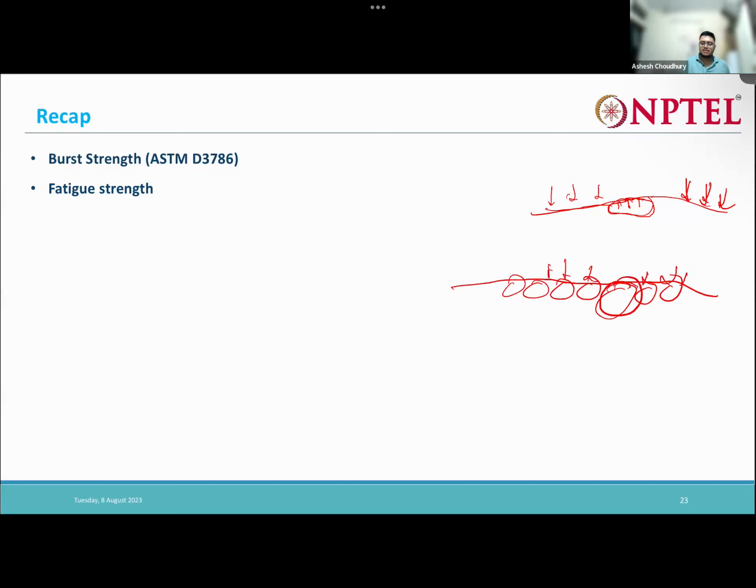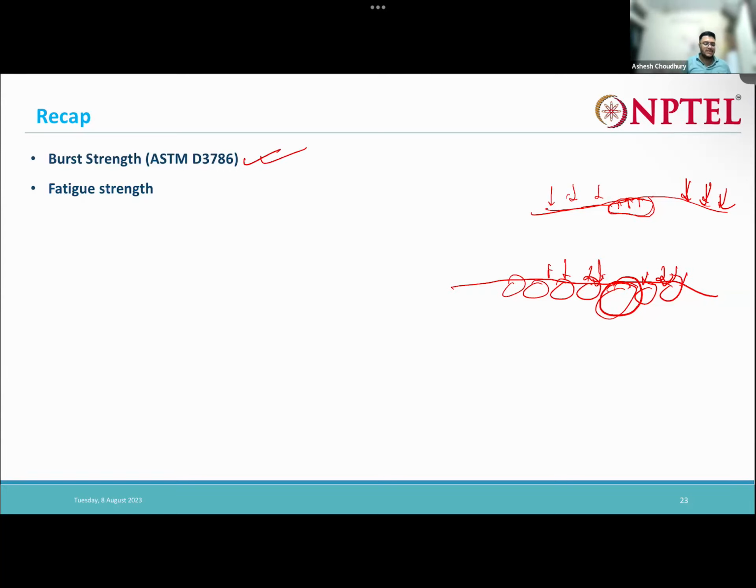There are chances that when a car is moving over the pavement, due to the movement in the subgrade and the pressure, this stone or boulder which is below the geotextile will rupture the geotextile from the bottom, right? So in order to test that, the burst strength test is very important.